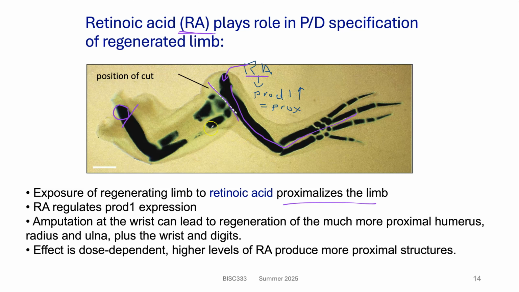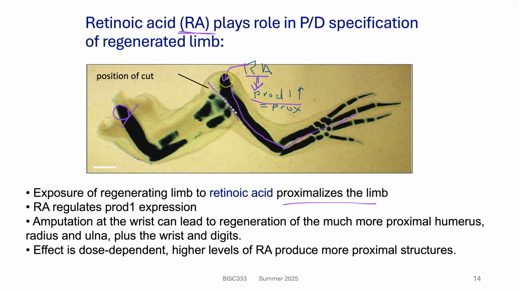So we know that retinoic acid is responsible for that proximal specification of the limb. And we also know that retinoic acid is responsible for activating expression of PROD1. So not binding to it as NAG does, but being responsible for its activation.